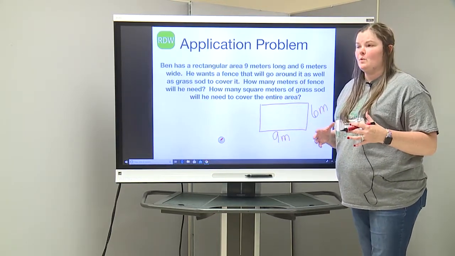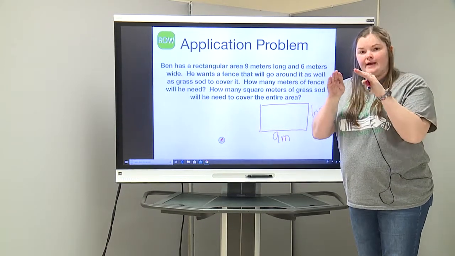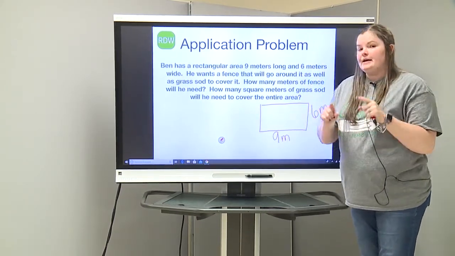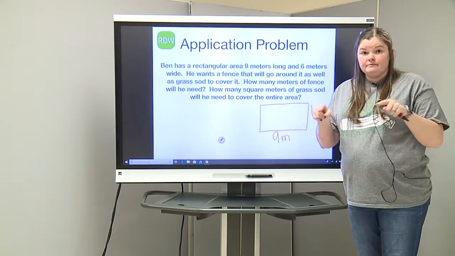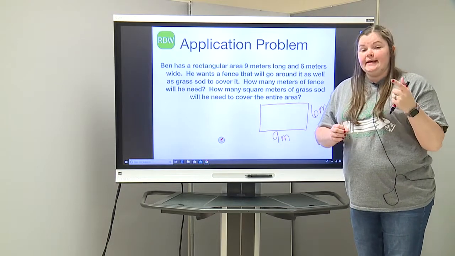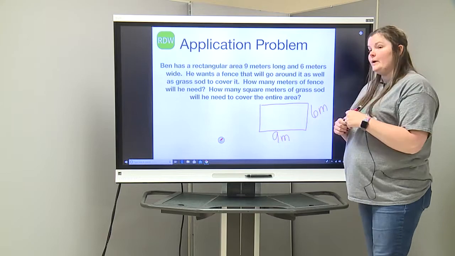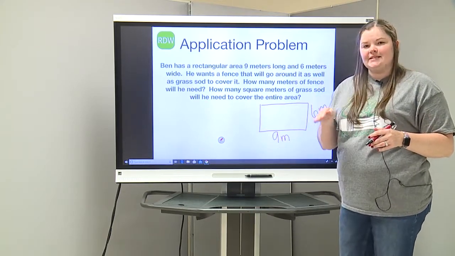Now, let's go back to the point where we need to figure out the fence that will go around it. If we're looking for the measurement around a rectangle shape, we need to find the perimeter. And again, that's something that you learned in 3rd grade. Whenever we do perimeter, we know that we need to add all of those sides up.